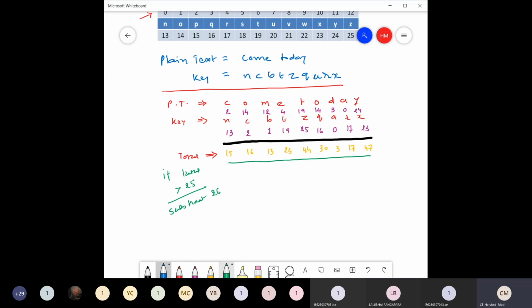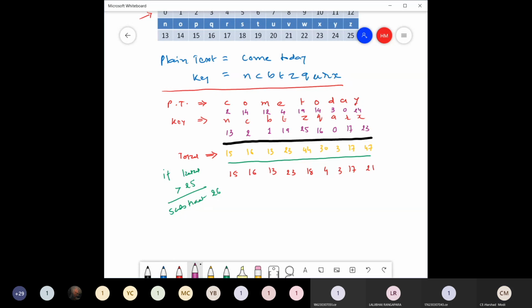If we do this step, then 15 remains 15, 16 remains 16, 13, 23, but in place of 44, 44 minus 26, we will get 18. Here we will get 4, 3, and 17, and if we subtract 26 from 47 we get 21.